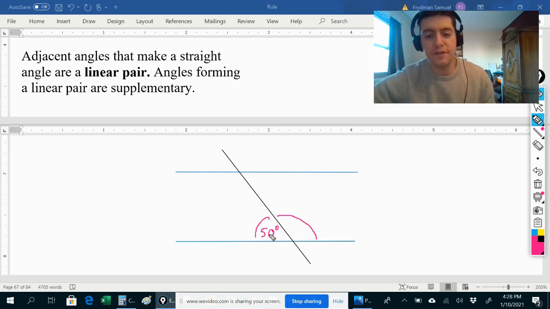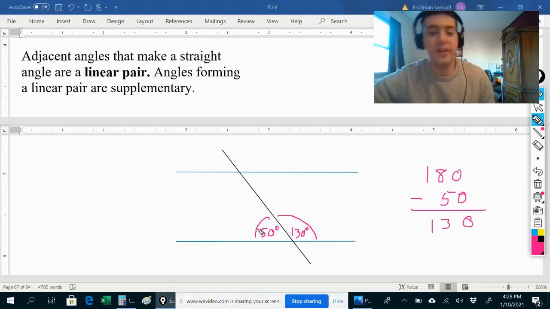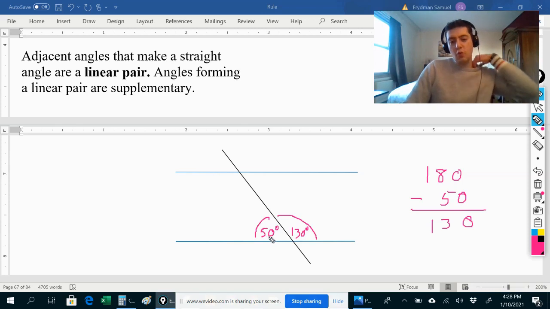So if this one is 50 degrees, then this one must be 130 degrees, because 180 minus 50 is 130, and therefore 130 plus 50 is equal to 180. So if I know what this angle is, then I can figure out what this angle is just by knowing that these two are a linear pair and they're supplementary.